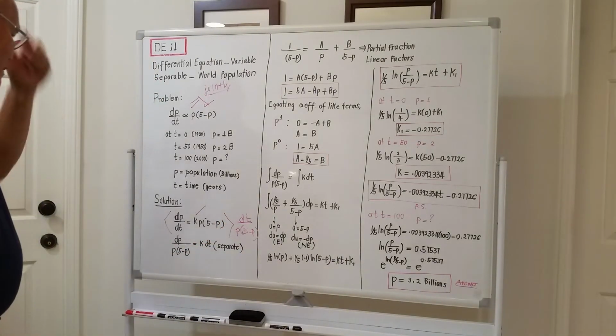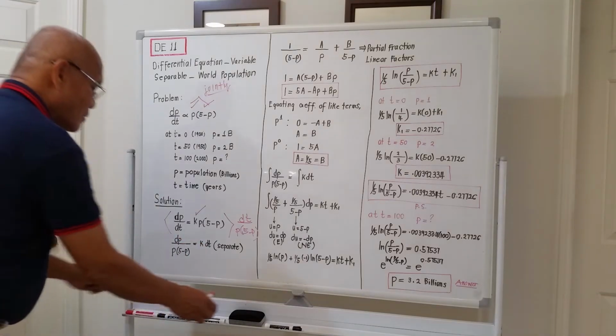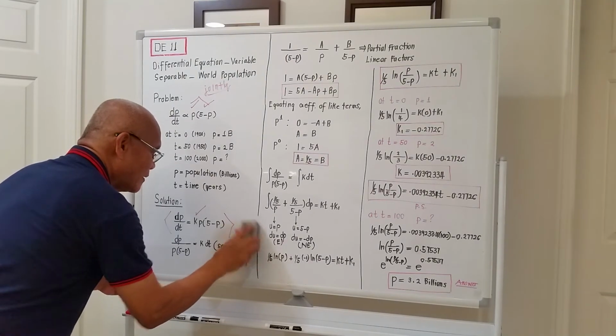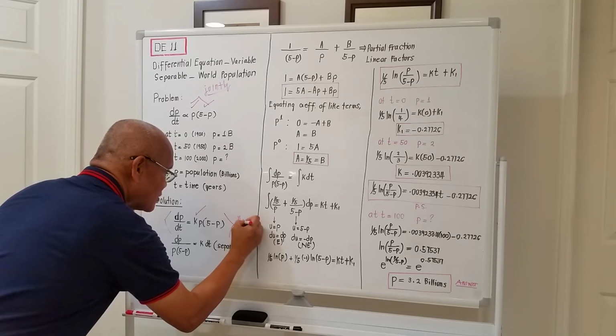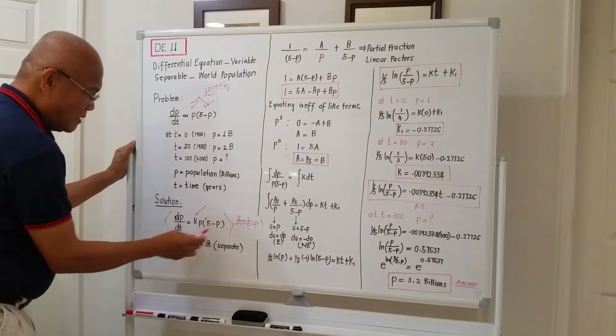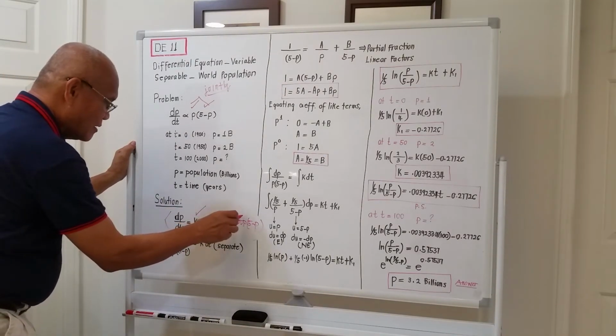Sorry for that one. It should be dt times p times 5 minus p. So dp over dt times this dt here cancels.